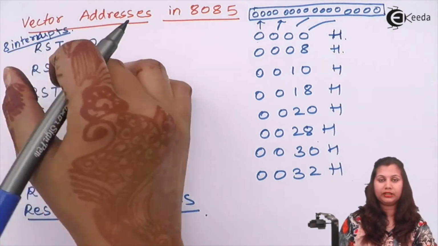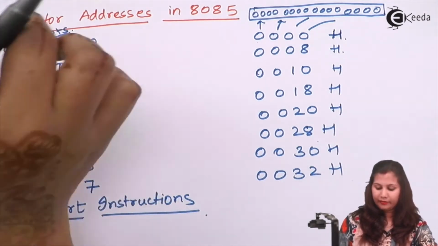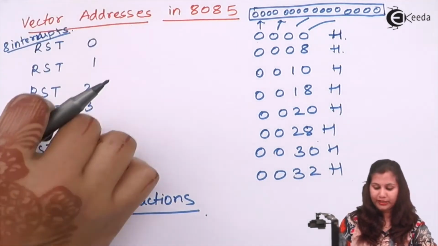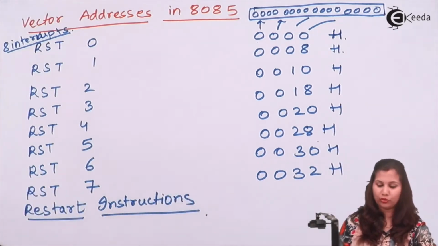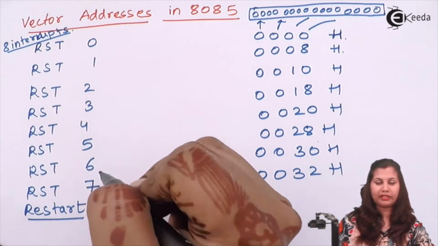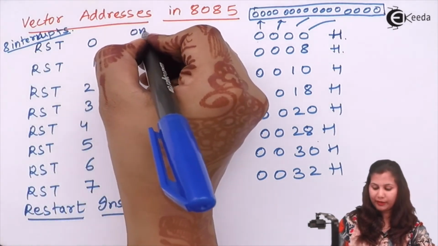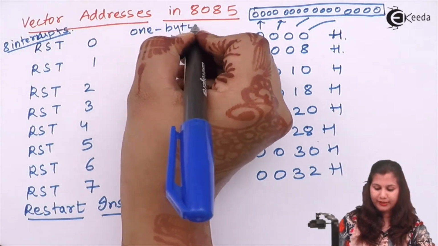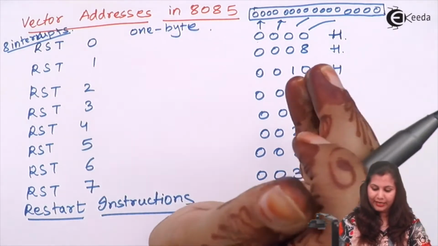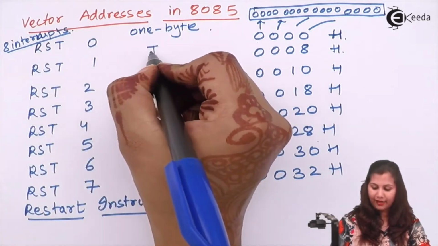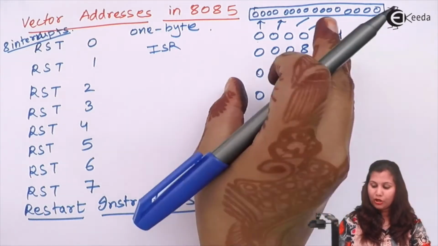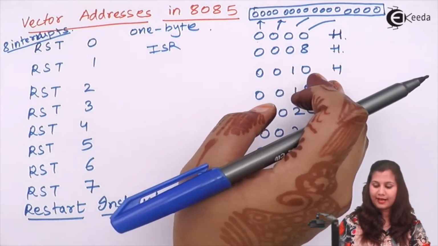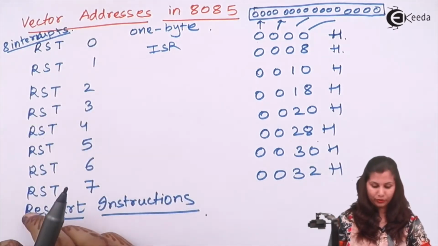When they are stored in the microprocessor memory, the user writes only these mnemonics, and these instructions are stored in the memory of the microprocessor in the form of machine code. So every instruction will have a respective machine code which requires only 1 byte in the memory. So these are 1 byte instructions, and the subroutines, the ISR for these interrupts, they are written at these memory locations. So their ISR address is fixed. That is why these are the vectored interrupts. Okay.